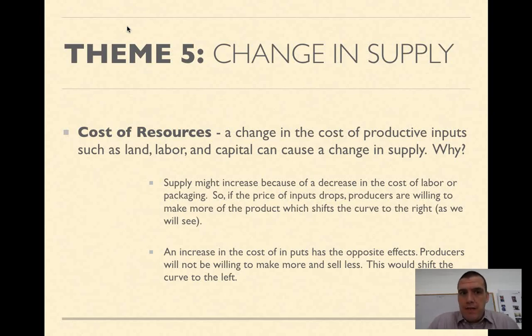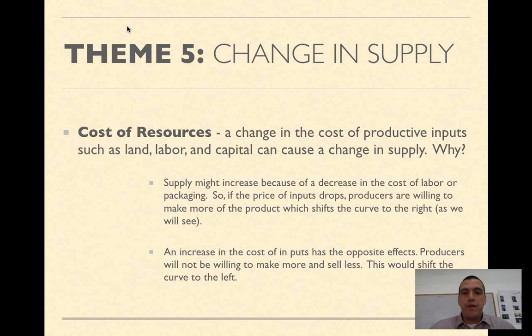What we mean by the cost of resources is a change in the cost of productive inputs, such as land, labor, or capital. So a change in the cost of the factors of production can cause a change in supply. Why? Supply might increase because of a decrease in the cost of labor or something like packaging.